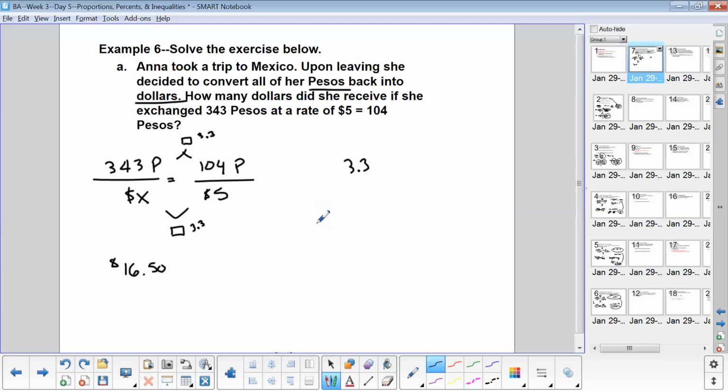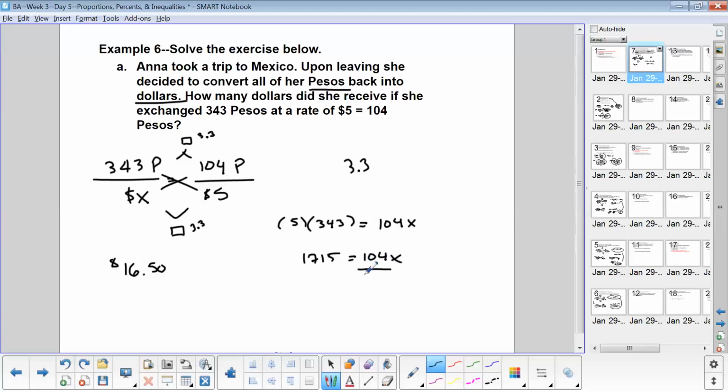Another way to do that is I could do cross products. I could say 5 times 343 is equal to this cross. I've already done that cross product. Now let's look at this cross product. That'd be 104 times x. Well, 343 times 5, and I'm going to get 1,715, and that's equal to 104x.